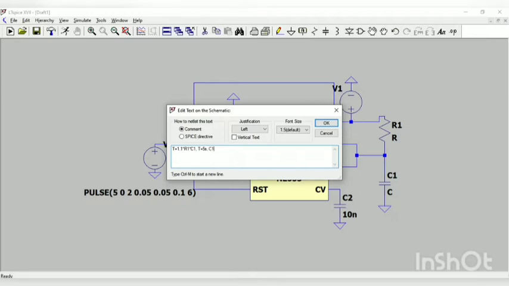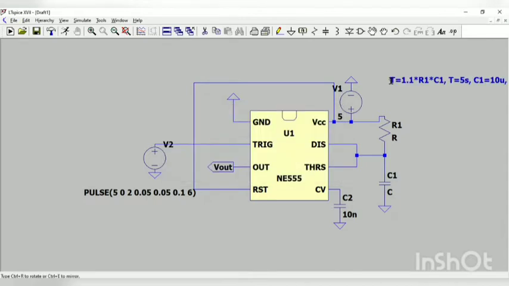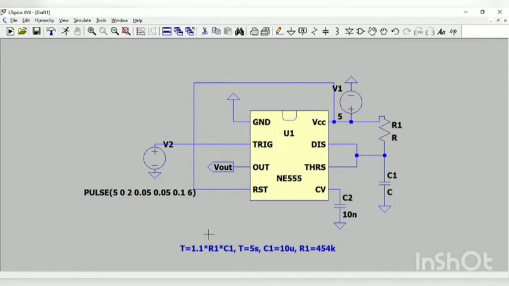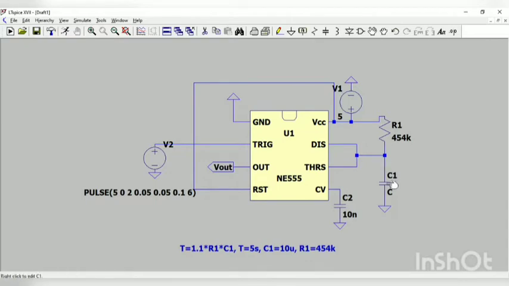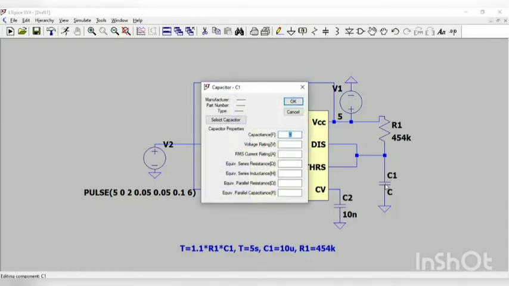Let me choose C1 first, 10 microfarads, a normal capacitor value that you can easily get in the market. For this I'll get R1 as around 454 kilo ohms. These are the values that I'll put in here: R1 454 kilo ohm and capacitance 10 microfarad.